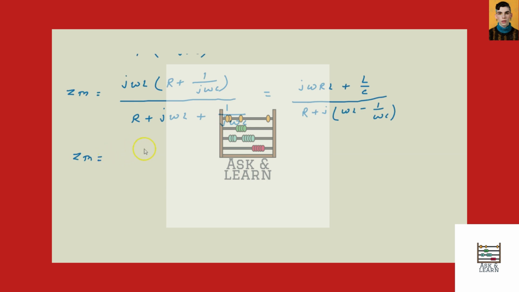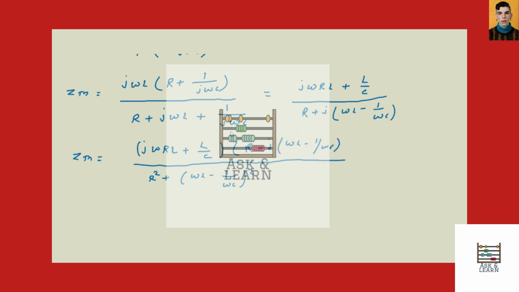ZTH equals j omega RL plus L upon C, upon, by multiplying with the complex conjugate, the denominator R square plus omega L minus 1 upon omega C whole square, and multiply here R minus j times omega L minus 1 upon omega C.